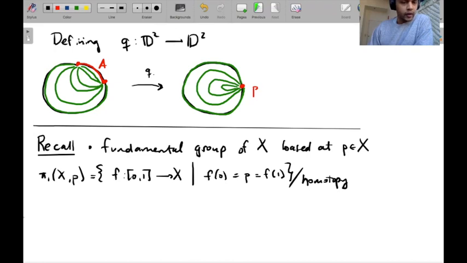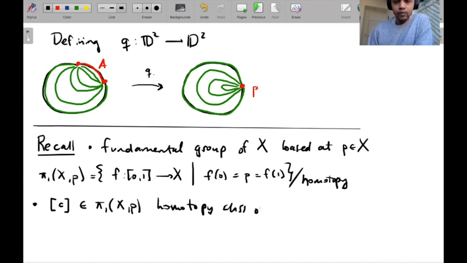So this is the fundamental group. With respect to this group structure, the homotopy class of the constant map is the identity element, the constant loop.